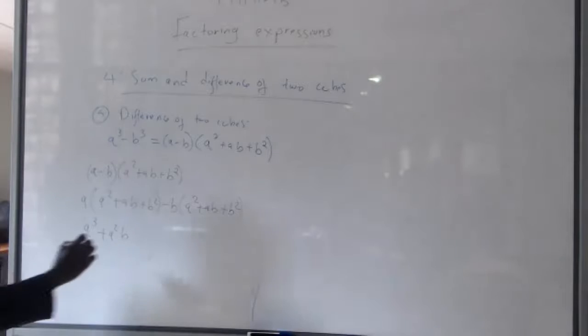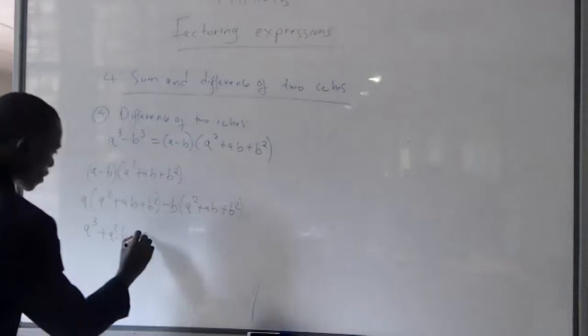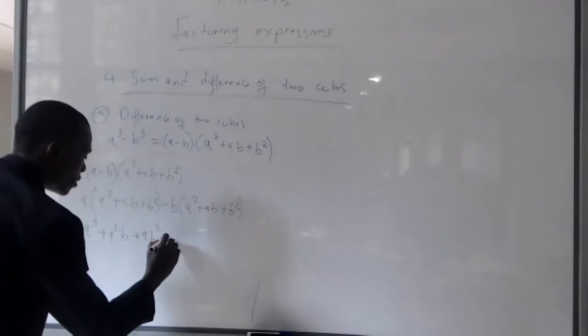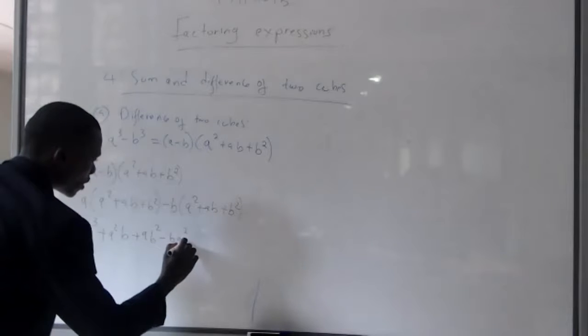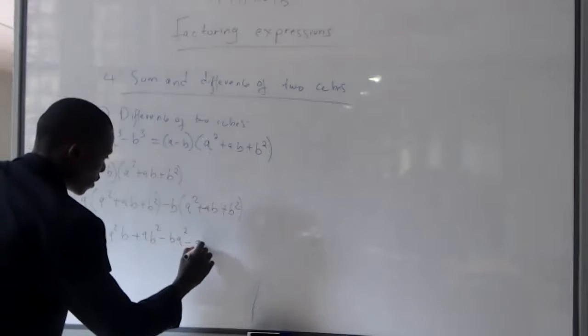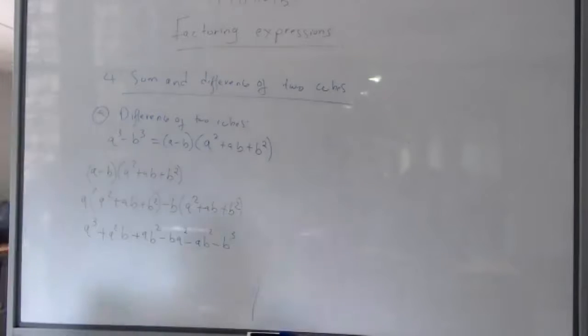Okay. What is the next term? a times b squared is ab squared. Then next we have minus b times a squared, minus b a squared, and then minus b times ab, minus ab squared, and then lastly minus b times b squared, minus b cubed.